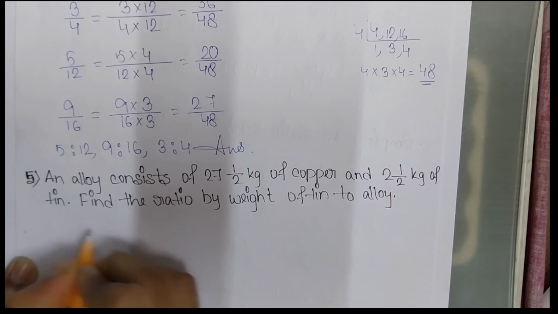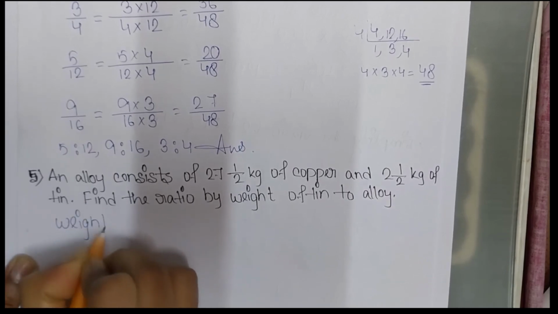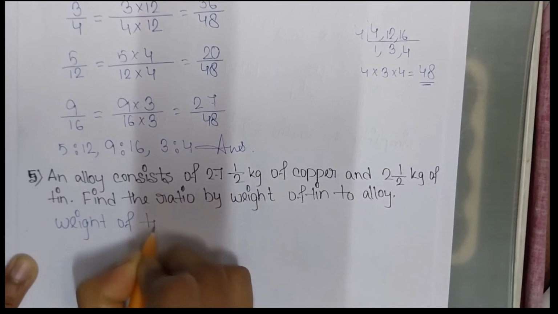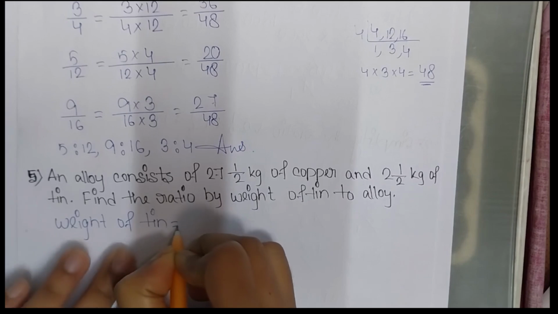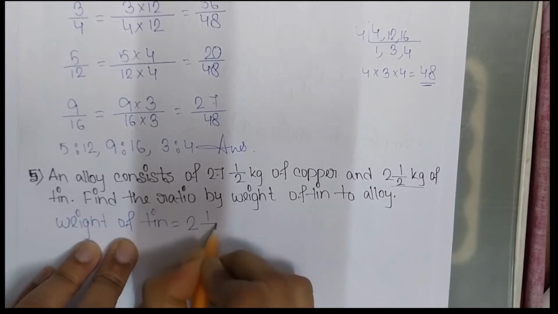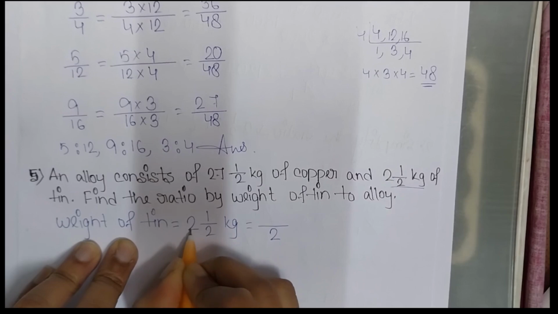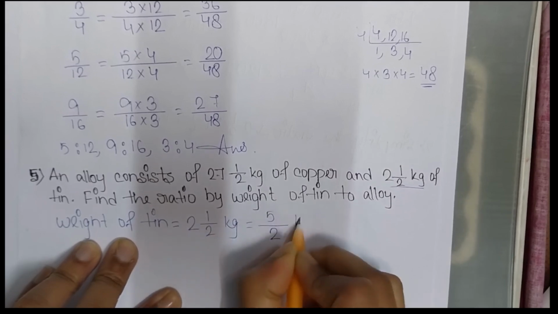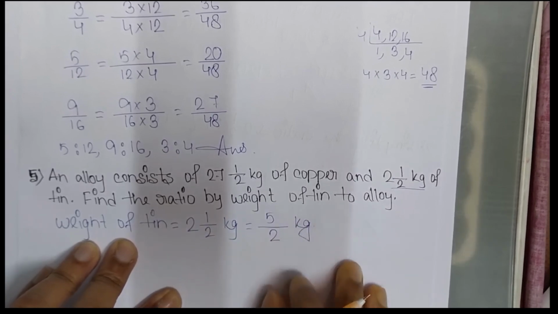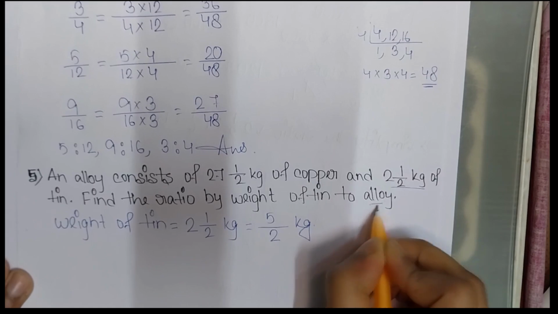So we will first find the weight of tin, which we already have, that is 2 1 by 2 kg, that is 2 twos are 4, 4 plus 1 is 5, 5 by 2 kg, and we have to find the ratio with the alloy.